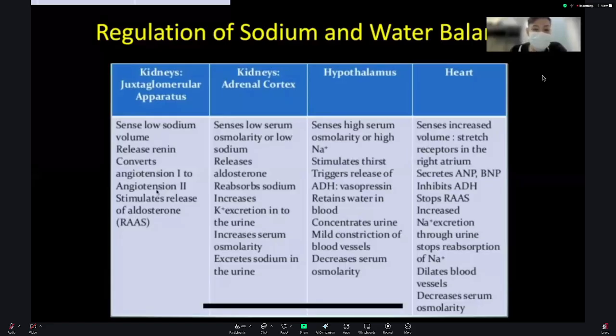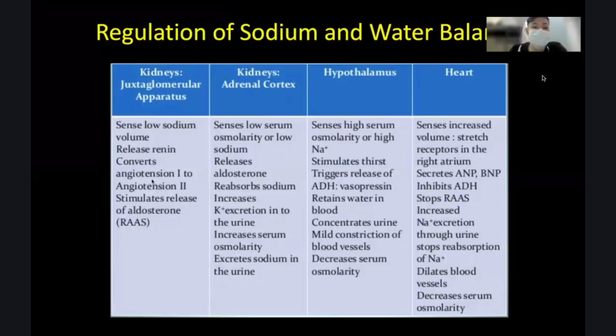Then angiotensin 1 gets converted into angiotensin 2, which eventually will stimulate the release of aldosterone. Later on, we'll discuss how aldosterone increases volume.